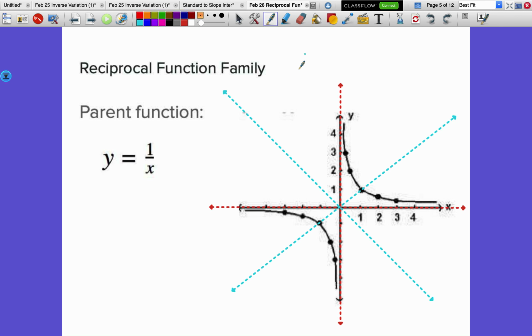So we have two axes of symmetry, AOS, and we have two asymptotes, HA and VA.